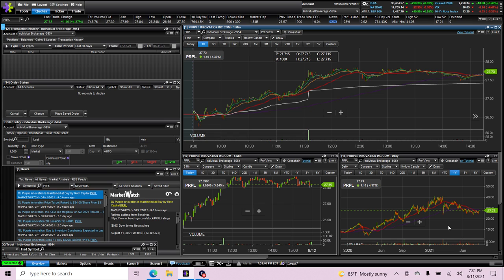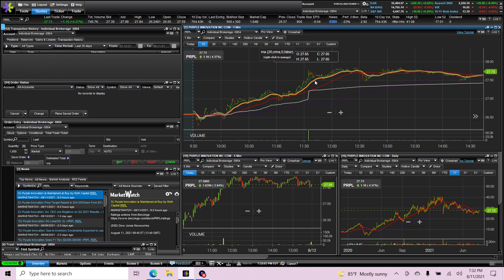What it is, it breaks down the previous 200 time frames, like 200 candlesticks. So for the 1 minute, it would be the past 200 minutes for the purple line, and the green line would be the past 9, because I have it set up as the 9.